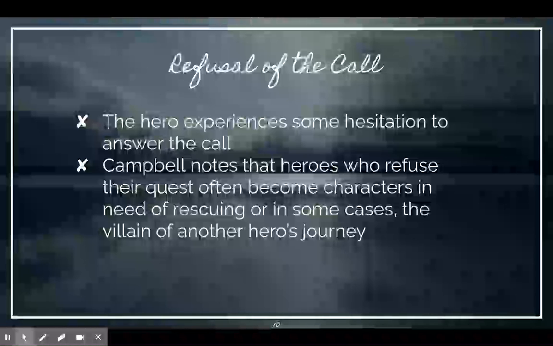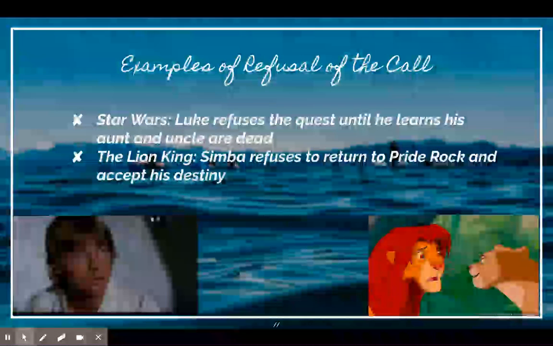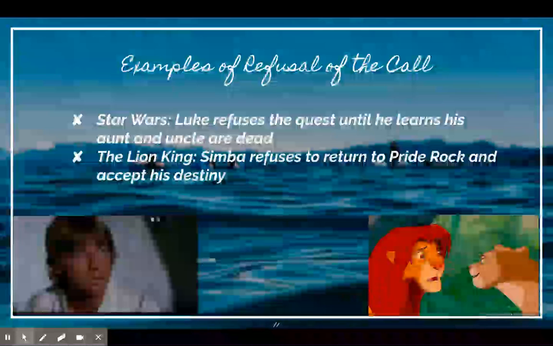So you can only kind of refuse your destiny for so long, right? You can't continue to refuse this call forever. So most of the time, we will see a character that will eventually accept the call. For example, in Star Wars, Luke refuses the quest until he learns that his aunt and uncle are dead.